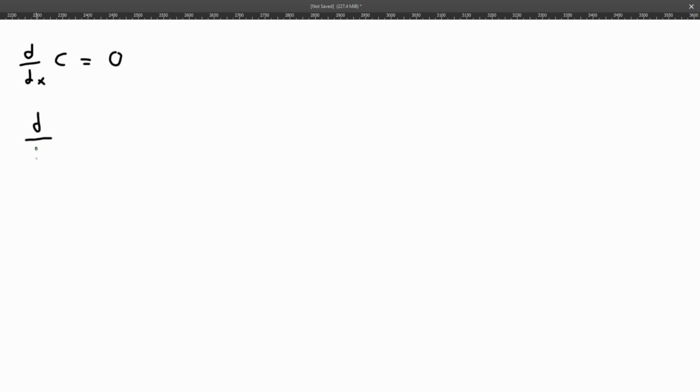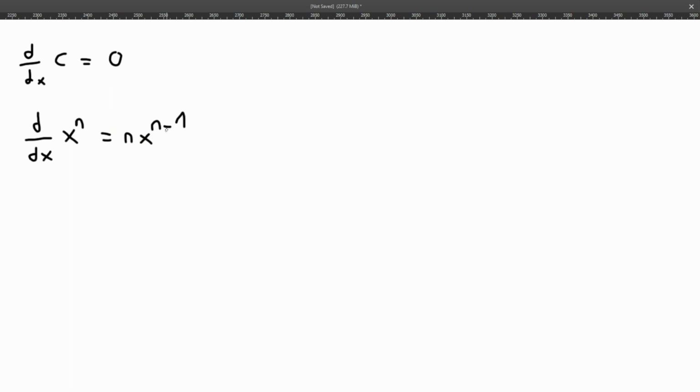Now, we say that the derivative of a power of x, with respect to x, of course, let's say x to the n, is going to be equal to n times x to the n minus 1. You can derive this formula using the binomial theorem and the previous definition, but I'm not going to go over that.